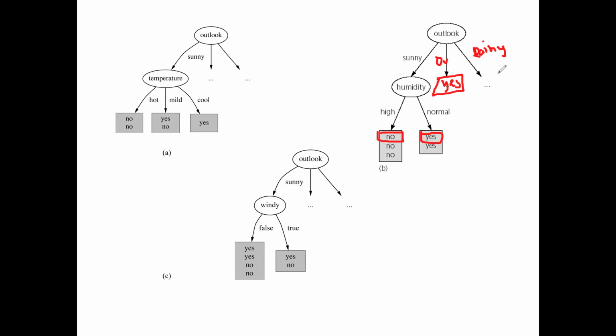So the only thing is you have to work on the data set and then look at it. So the idea is, when outlook is rainy, whether we should use temperature or windy.